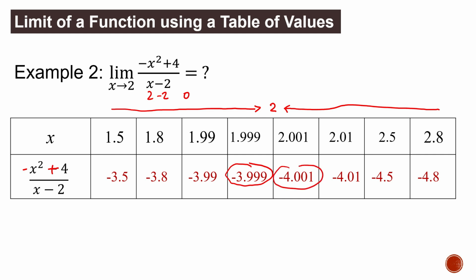And you know that in the middle of those two numbers is negative 4. So meaning the numbers here on the left and then on the right side, they are approaching negative 4. And negative 4 is the answer to the problem. That's the limit of this function as x approaches positive 2.